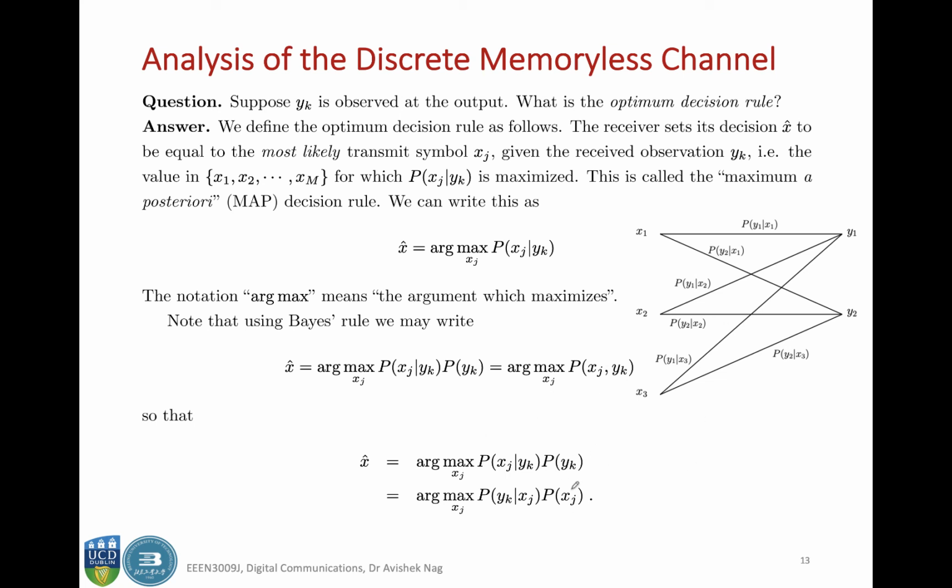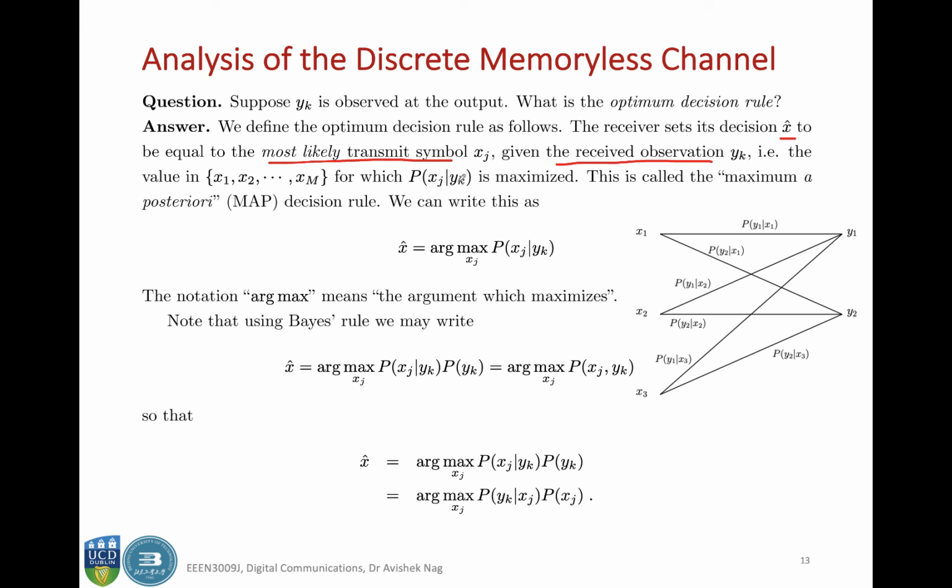So basically, the optimum decision rule is defined as follows. So let's say you observe yk, okay, given the observation is yk, what is the most likely transmit symbol xj, and that you define as x hat.